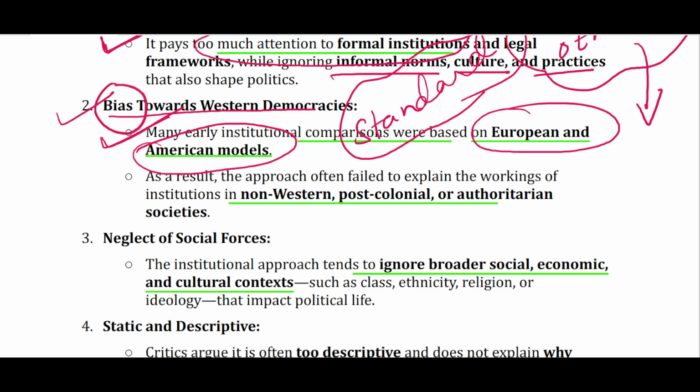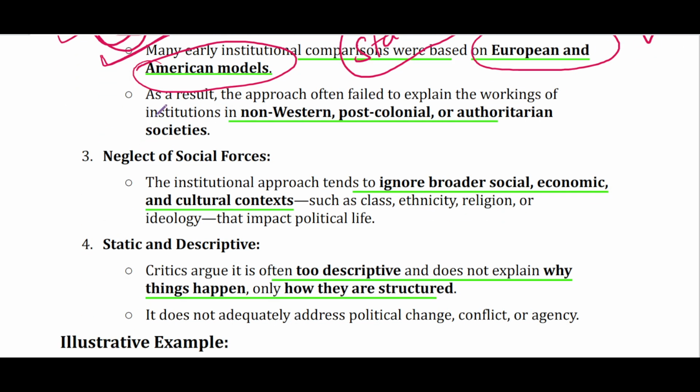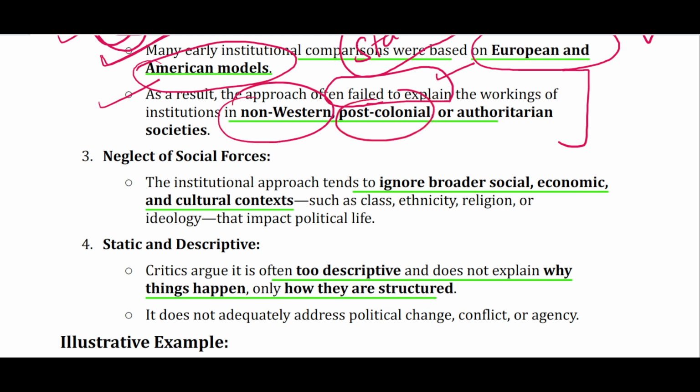So there was a subjective bias, and this particular approach failed to explain or appreciate the working of non-Western, post-colonial, and authoritarian societies who might have yielded a significant leap.